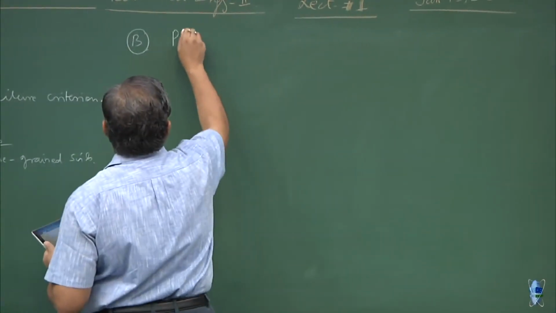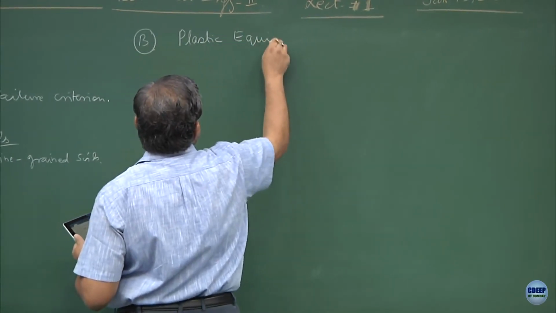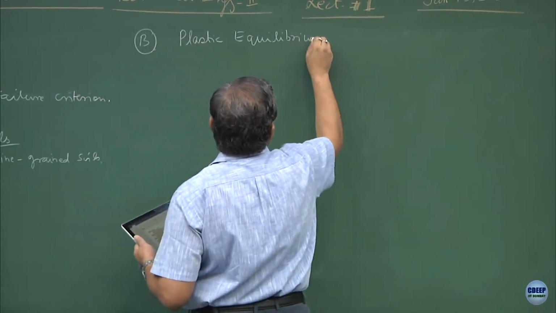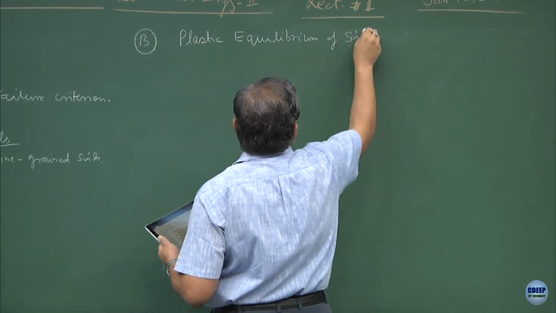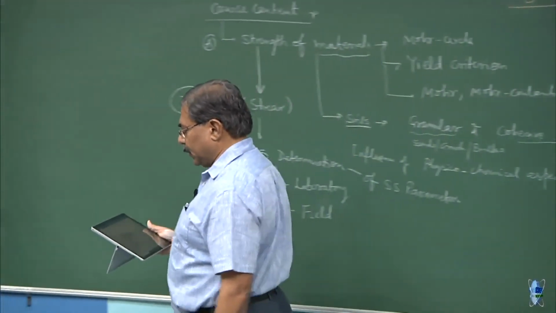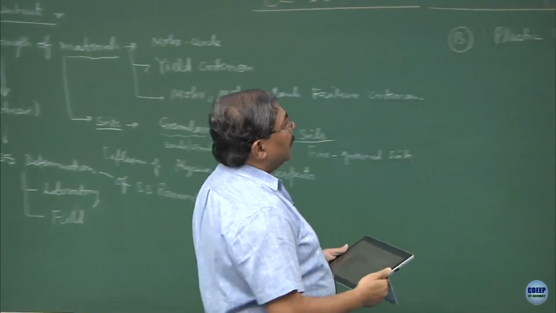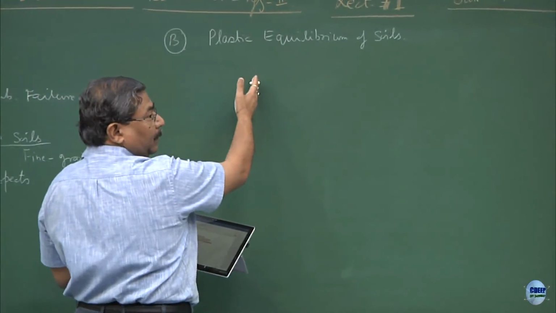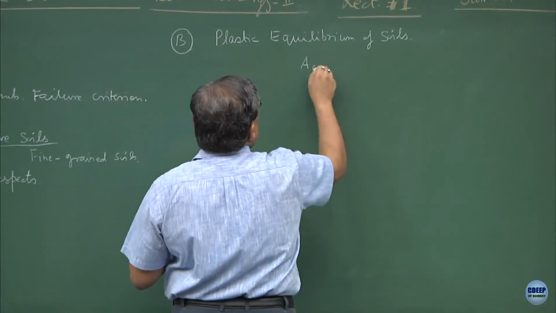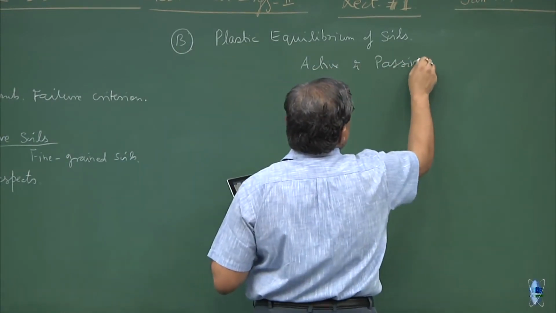This is the plastic equilibrium. Alright, that means we are stepping out of the elastic zone and we are talking about the plastic equilibrium of the soils. Application of shear strength theory number 1, alright, and this is where we will be talking about active and passive earth pressures.